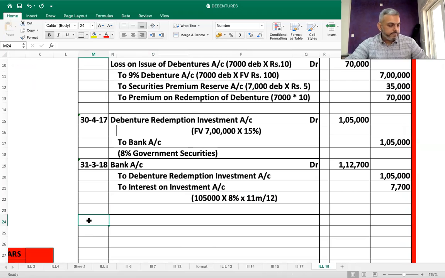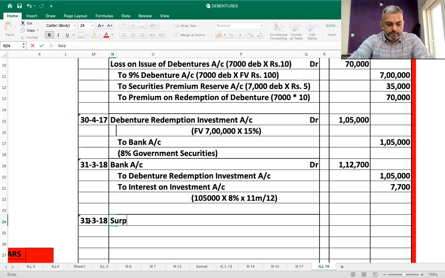Next, now we have sold the investment, so always follow the order. On this date 31/3/18, if the order is up and down it is fine, but as far as possible try to remember the order. The order is very simple. On the day of redemption, first sell the investment and then transfer 25% to debenture redemption reserve account. From where? From surplus in statement of profit and loss account.